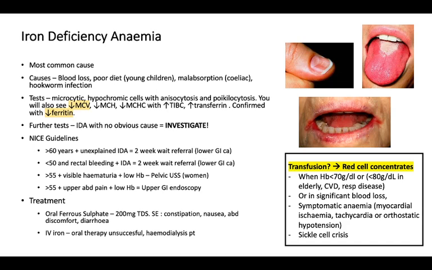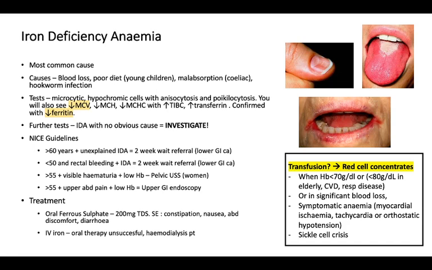So according to the NICE guidelines, if your patient has an unexplained IDA, iron deficiency anemia, and is above 60 years of age, this is an indication for an emergency 2-week wait referral with suspected lower GI tract cancer. Similarly, if your patient has an iron deficiency anemia, is less than 50 and has rectal bleeding, again, this is an indication for 2-week urgent referral.